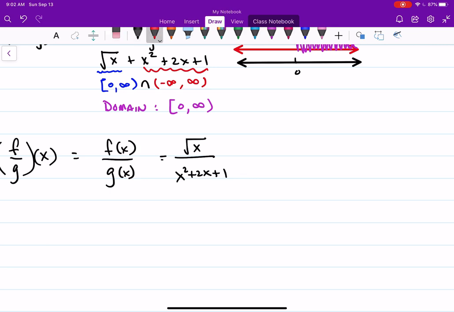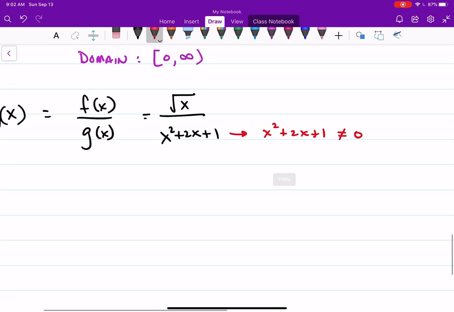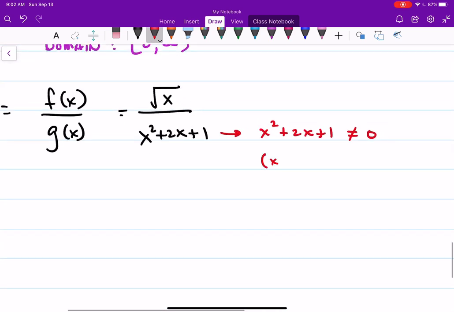I know this is supposed to be in red, so I'm going to say the domain here is that x squared plus 2x plus 1 cannot equal 0, right? The cool part is that this is actually factorable. So this is going to be x plus 1 times x plus 1 cannot equal 0. That means x cannot equal negative 1, okay?